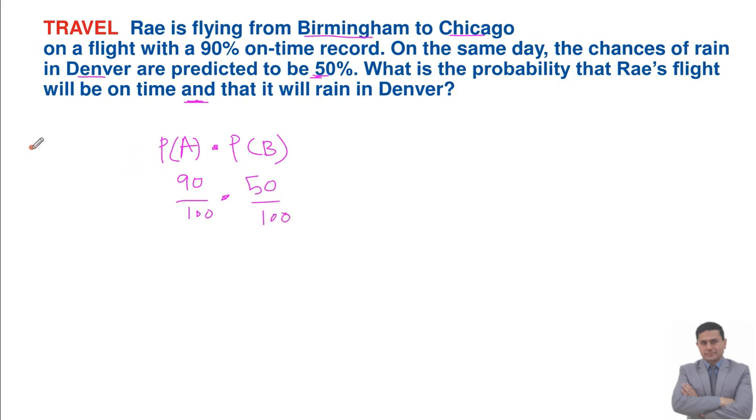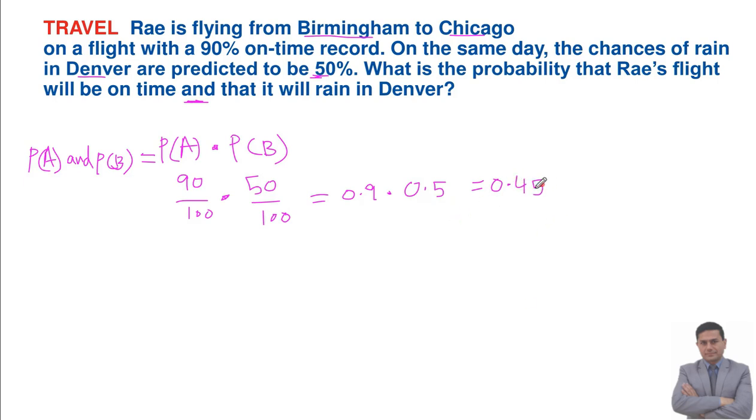So probability of A and probability of B is equal to probability of A times probability of B. Multiply this and the answer comes straightforward. You can cancel the zeros, so it is 0.9 times 0.5, which is 0.45.